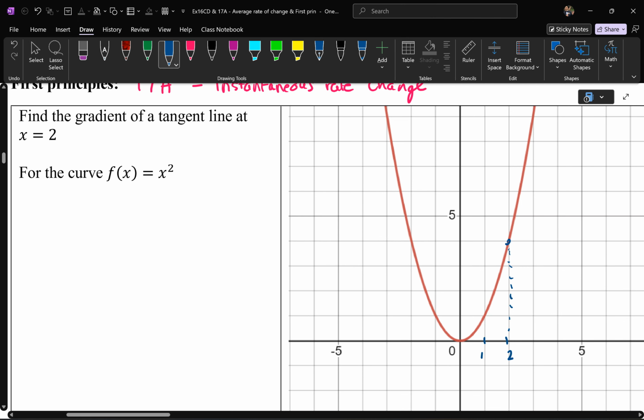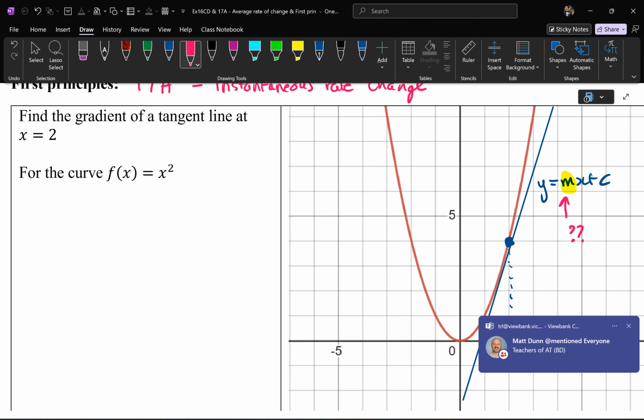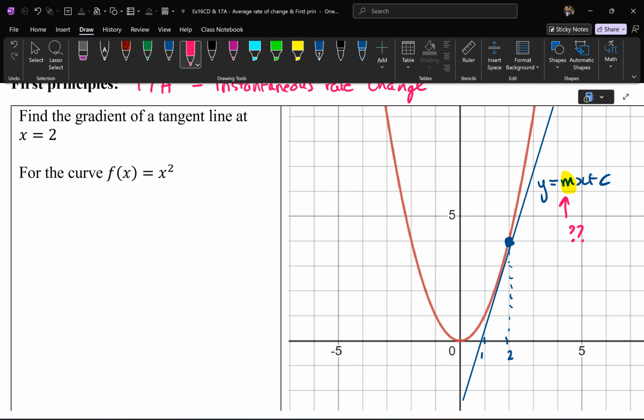So at this particular point on the graph, I want to know the tangent line, this tangent line that touches, I want to know y equals mx plus c. I want to know what the gradient is. That's called the instantaneous rate of change. That gradient at that particular point is the instantaneous rate of change.